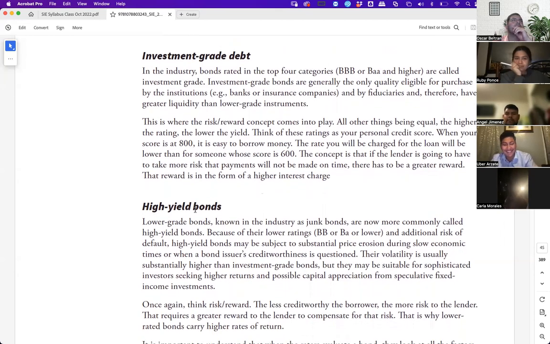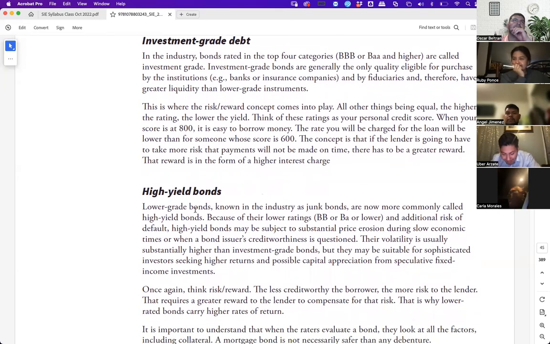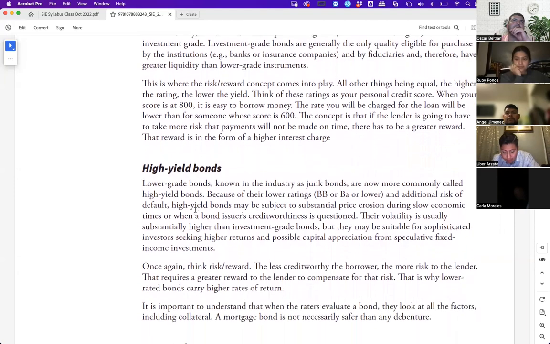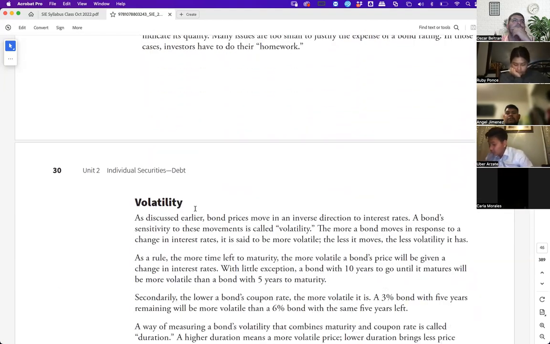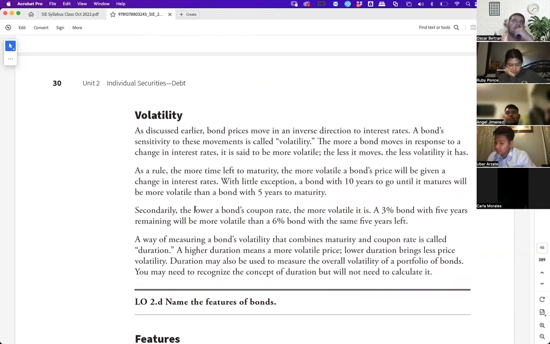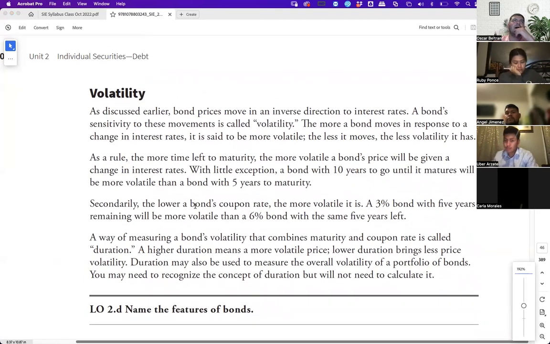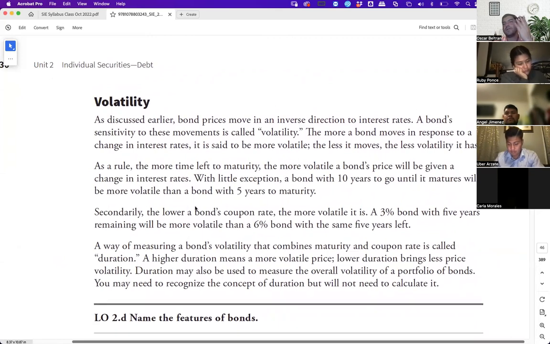All right, cool. So memorize the investment grade debt, high yield bonds, non-rated. All right, so volatility is an important concept that you have to understand. Overall, volatility means how easily that item can go up or down in value. That's all that means.